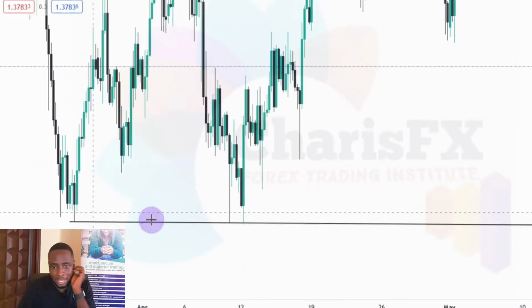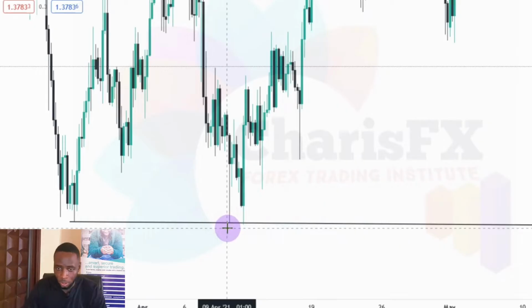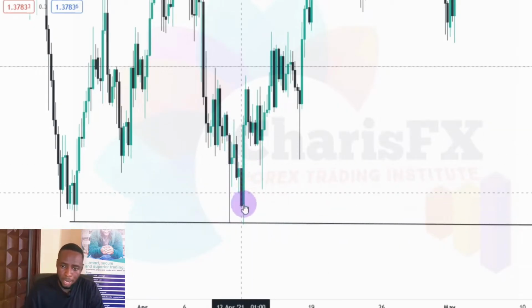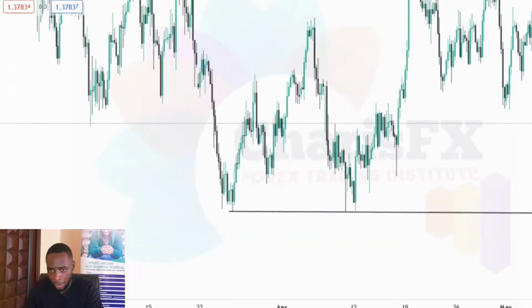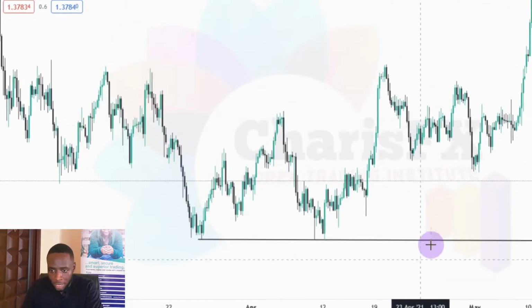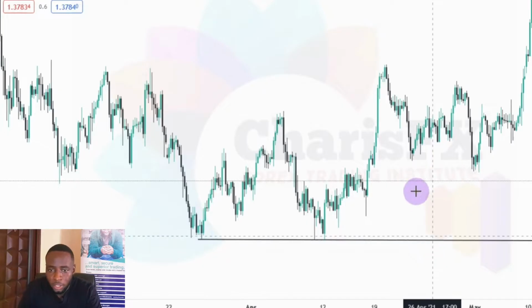So you can see how price respected this low here, traded up, came back and respected the low, the support. Okay, so that is a typical example of a support.